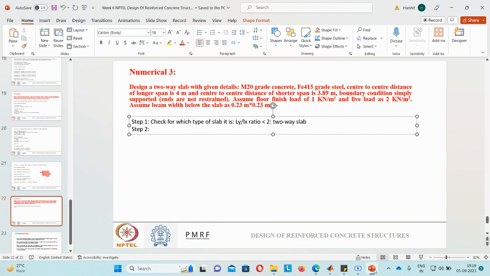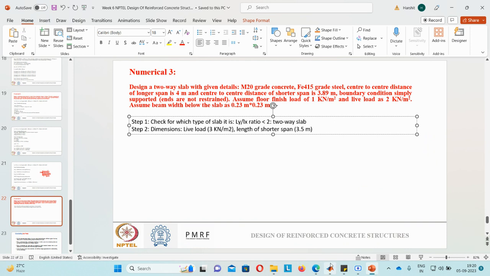Step 2, we need to provide dimensions. Okay, how do we do that? When we talk about two-way slab, we need to check the live load and length of the shorter span. Okay, so what is the limiting value of live load that we are concerned with? 3 kilonewton per meter square, and length of shorter span should be 3.5 meter.